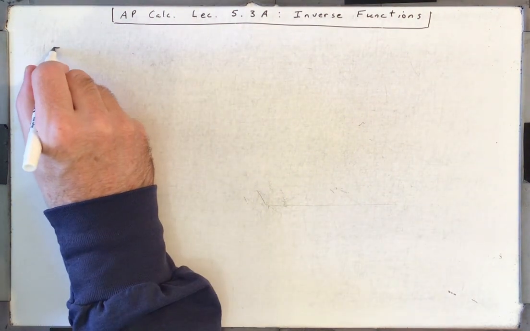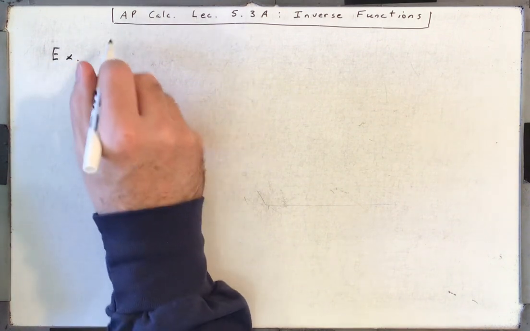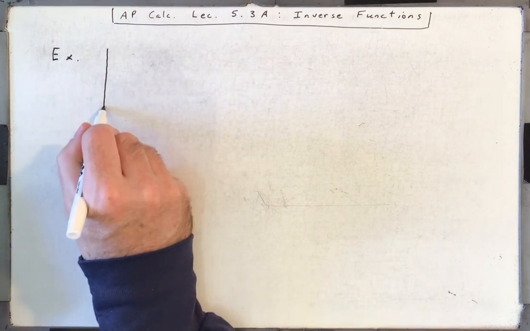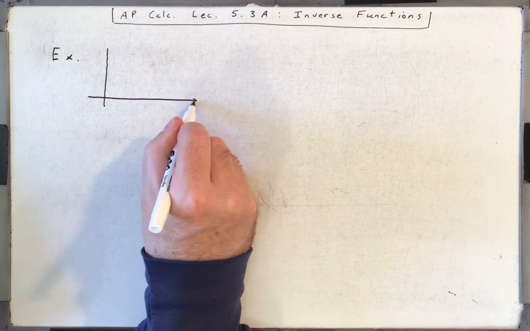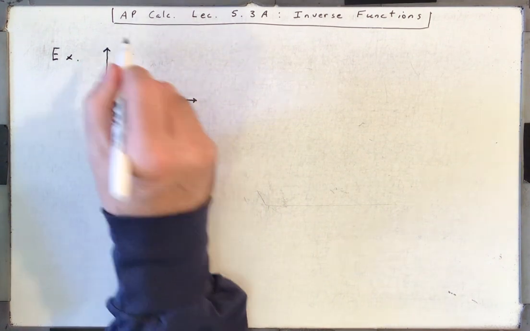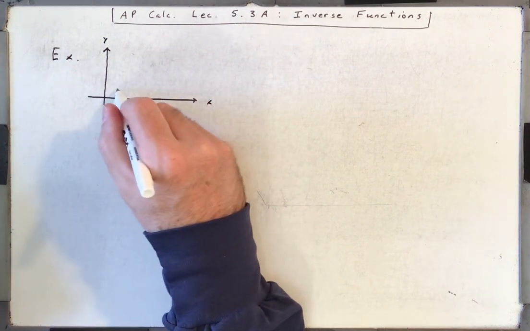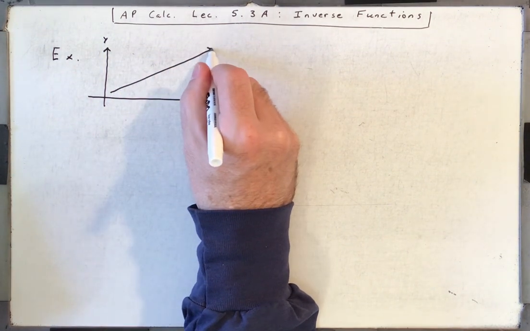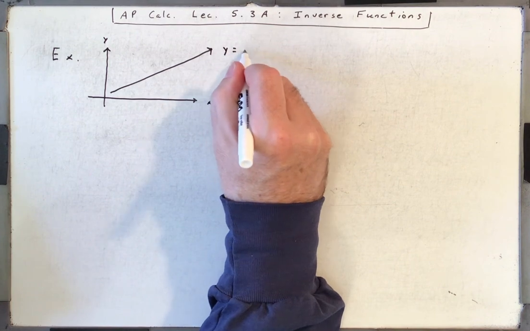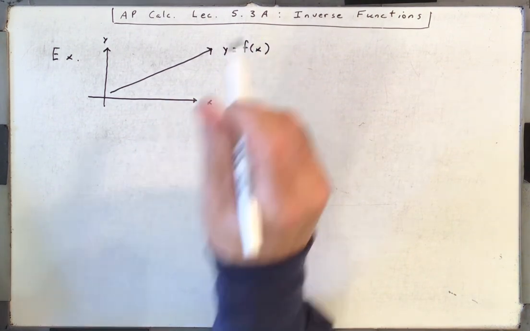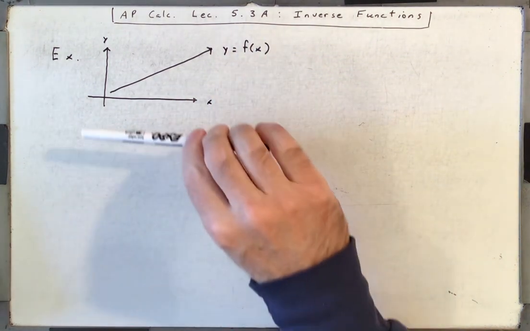So our first example is just a line. All right, so we'll call this y is equal to f of x. So does it pass the horizontal line test?